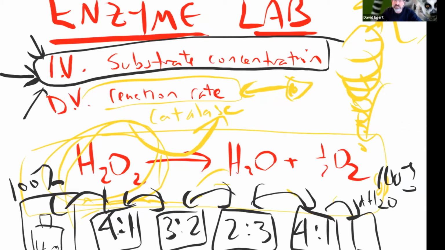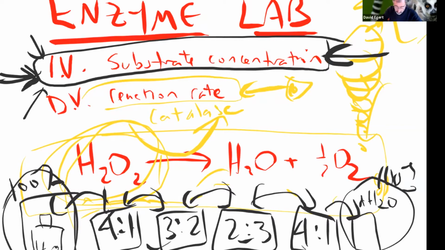So that's going to be the way we quantify our independent variable. We can just look at these different dilutions of the hydrogen peroxide. How concentrated is it? 0 concentration, 100% concentration, or anywhere in between in our different trials. We're going to be running 6 trials in all.